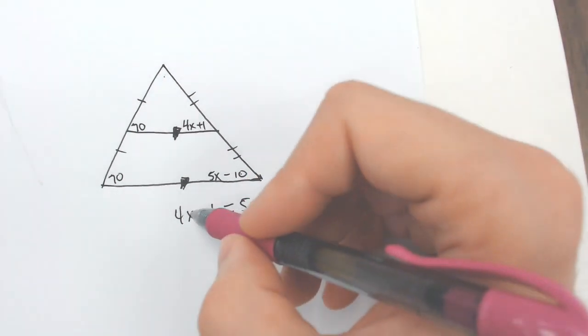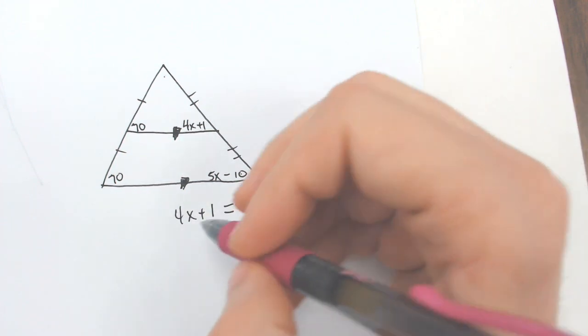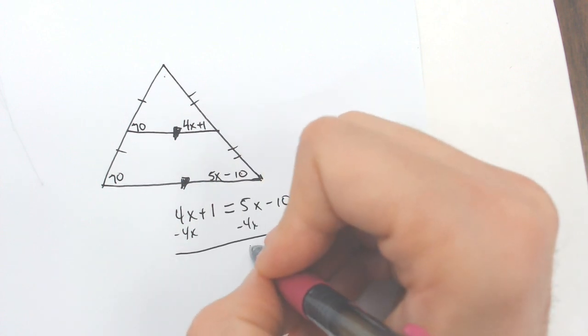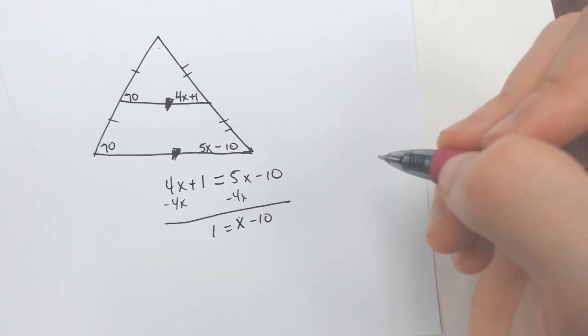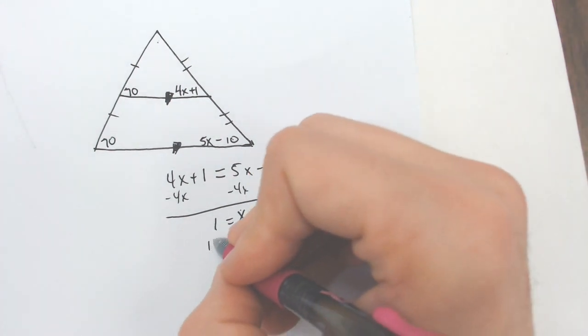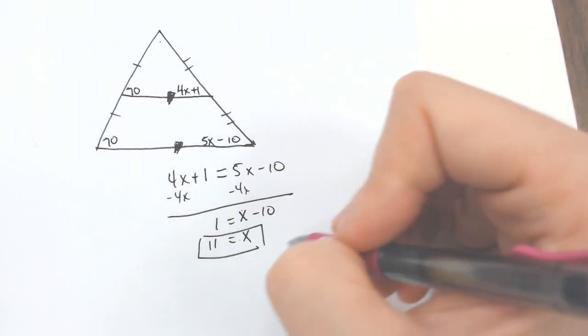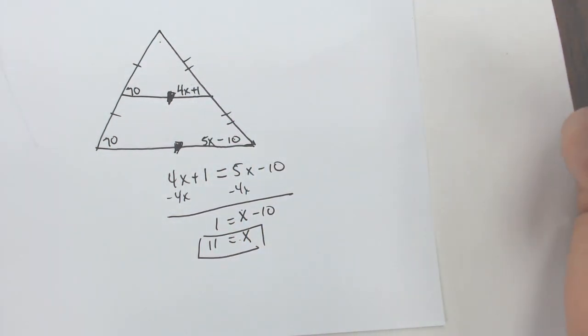And then you could solve this equation. I would personally move the 4x over. x minus 10 would equal 1. Add 10 over, and x would equal 11. If we plug in the 11, we would get the value of each of these angles, and then we could use that to find other things.